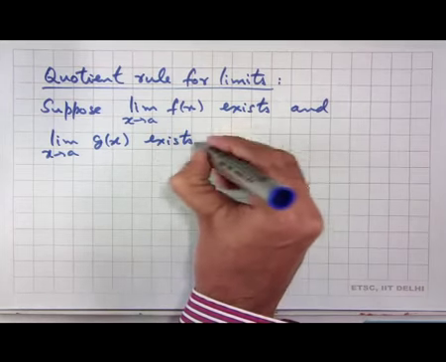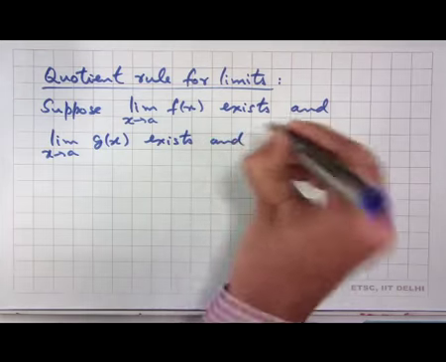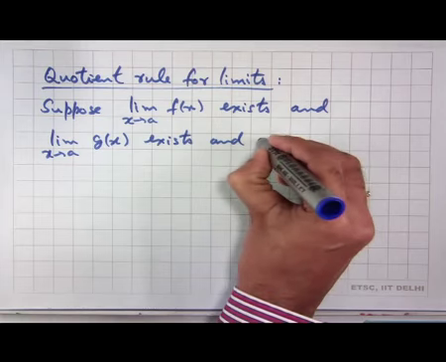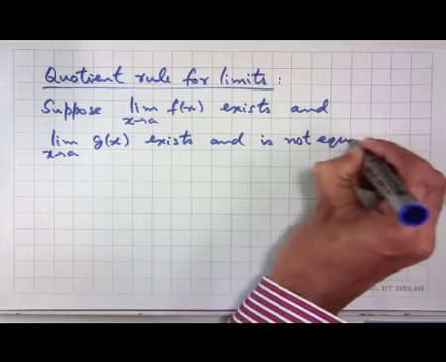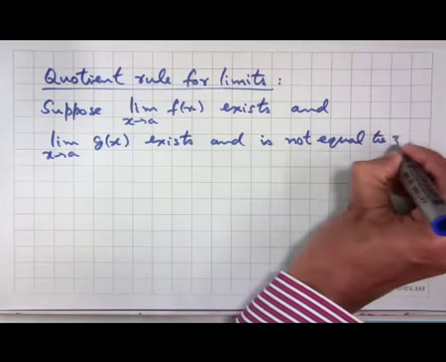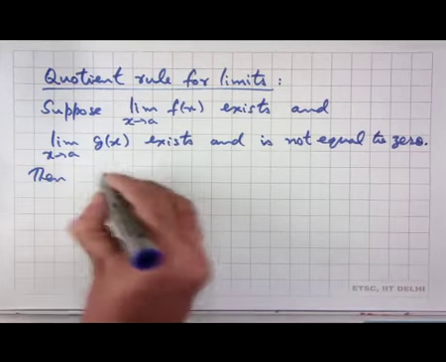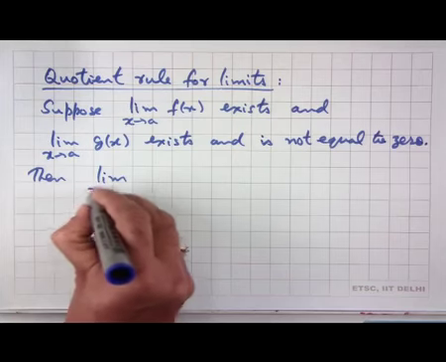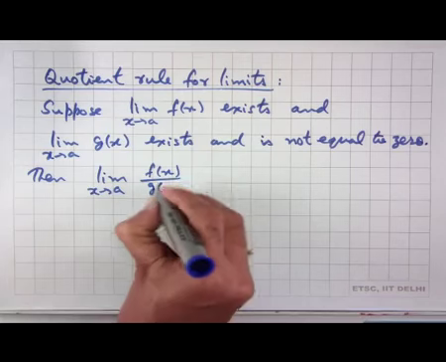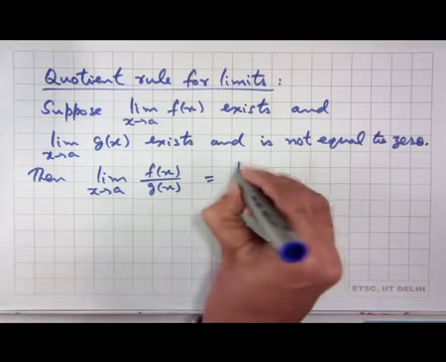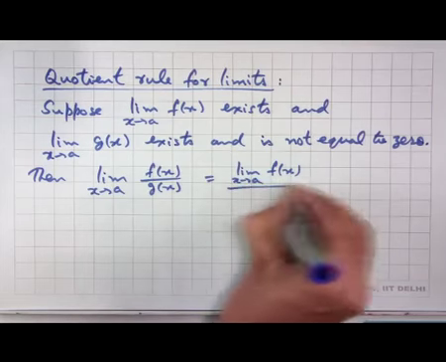Further, the limit of g of x is not equal to 0. Then the limit of the quotient of these two functions, f x by g of x, is equal to the limit of f of x by the limit of g of x.